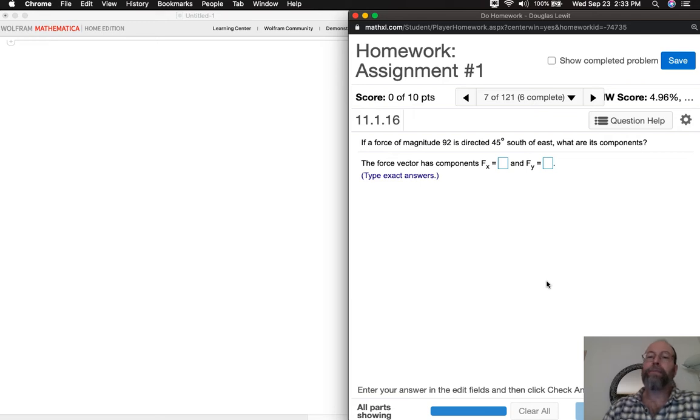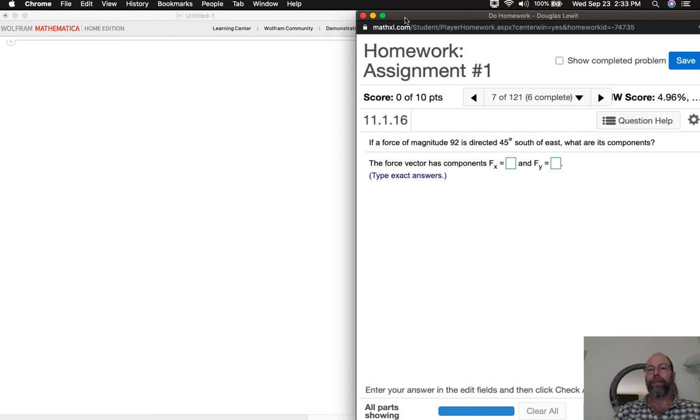If a force of magnitude 92 is directed 45 degrees south of east, what are its components? South of east means we're in quadrant number 4. Quadrant number 4 means x is positive, y is negative, right?